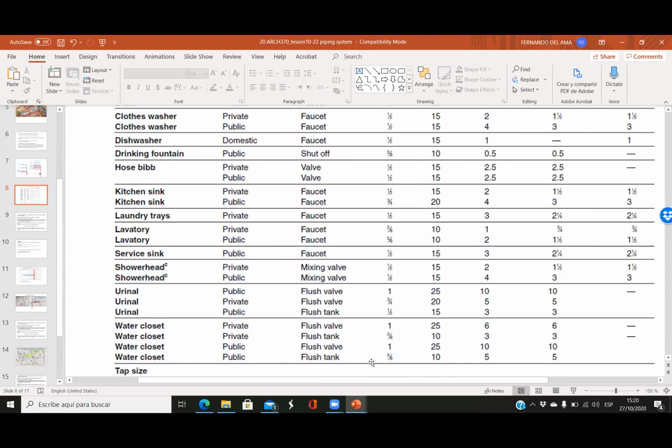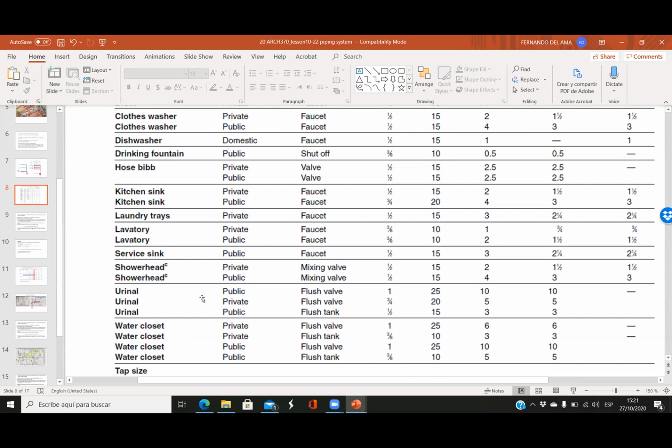Okay, so we have toilets, and for the toilets it's 3/8. You see this branch. So the pipe attached to the toilet has to be 3/8, and then the water supply fixture unit is, yeah, it's 5. So each one is 5 water supply fixture units.